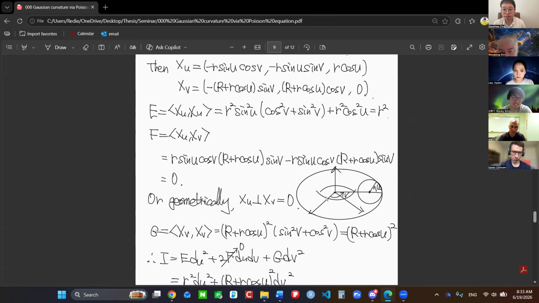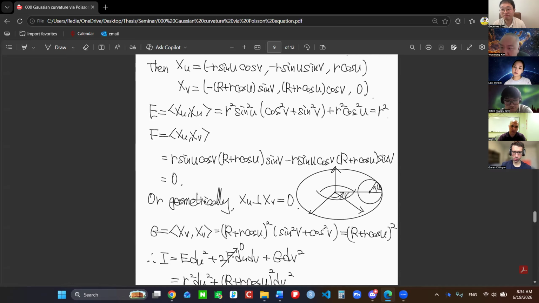This angle is V, and this angle I defined as U. So this poloidal angle is U, and this toroidal angle is V. If you think about it, they are already perpendicular to each other.